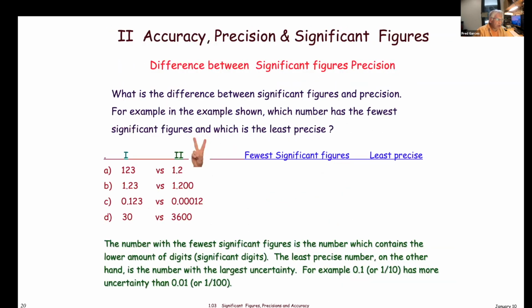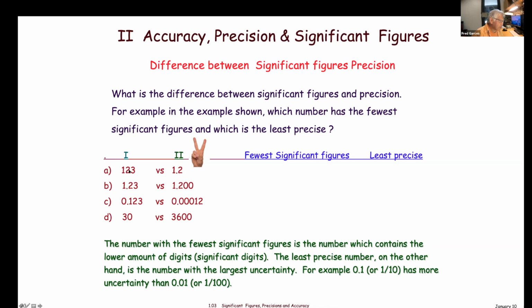One more thing I want to mention is when you do addition and subtraction, you got to know the difference between precision, which is how many digits past the decimal point, and significant figures, which is what we just talked about. If you take a look at this right here, this has 3 significant figures. This has 2 significant figures.